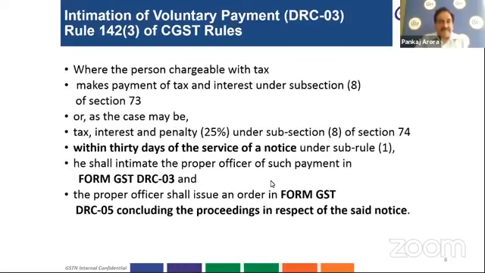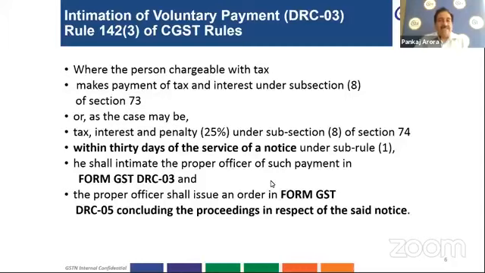In the other case, where the notice for demand of tax has been issued, the relevant provisions are section 73 subsection 8 and section 74 subsection 8. If the tax and interest are paid within 30 days of the service of notice, the taxpayer will pay only the tax and interest amount.